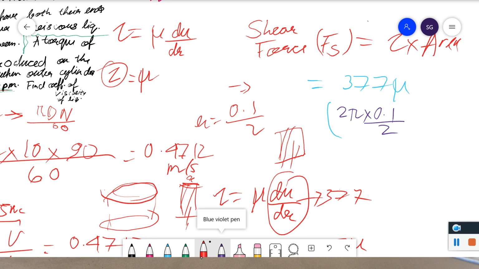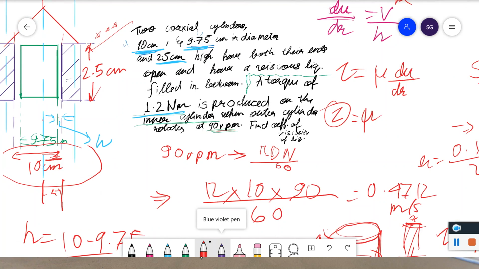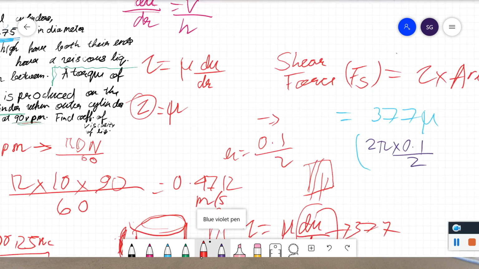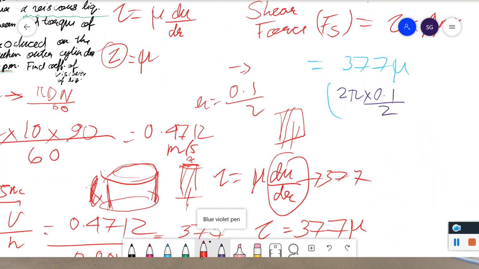Now we have to just multiply it by height, isn't it? Height means what? Length. Sorry, length. And length is given as 2.5 centimeter, isn't it? See here, it is 2.5 centimeter. It's basically a cylinder. So we have just calculated 2 pi r, and then length. So it is 2 pi rl or pi dl.